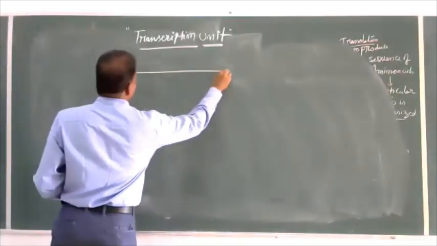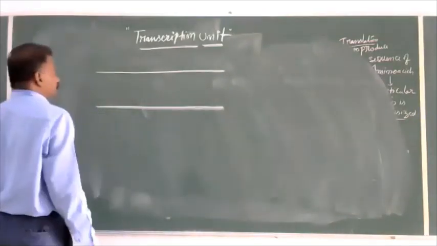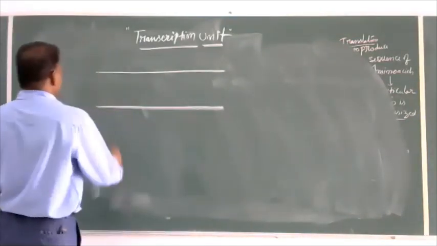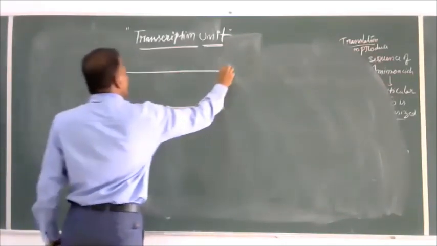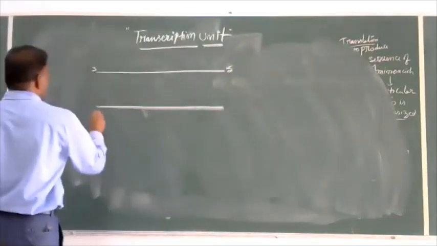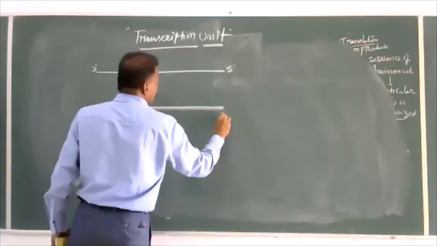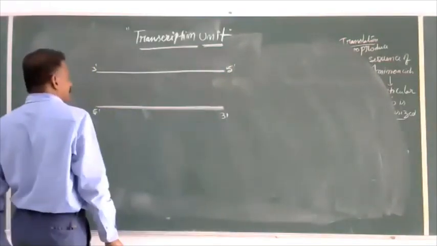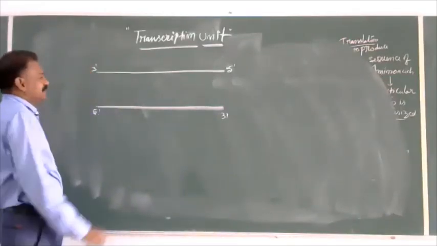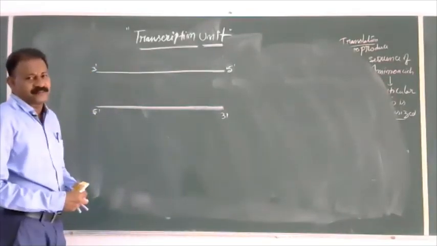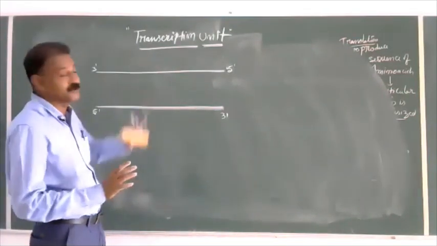Let us take this DNA, double stranded, here. In the DNA molecule, a particular region where transcription starts is called transcription unit.